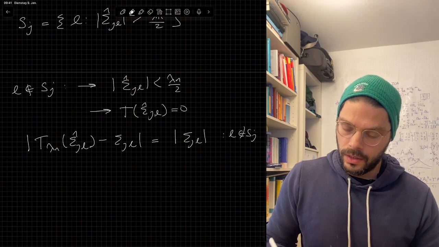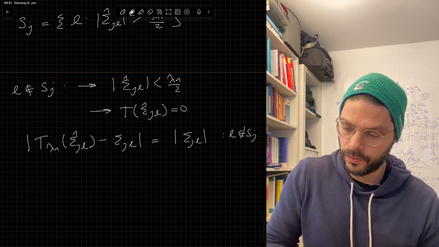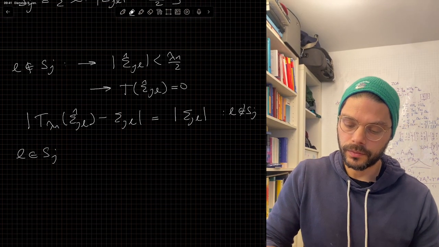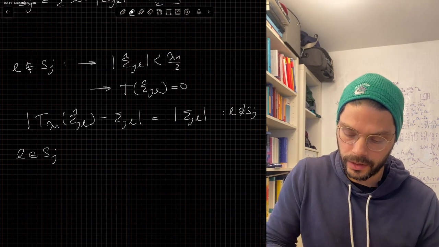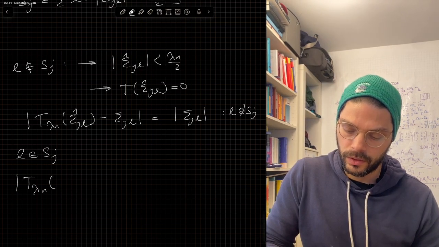Okay, now when L belongs to Sj, we're going to use a triangle inequality to split this up. So there's going to be potentially some thresholding happening.